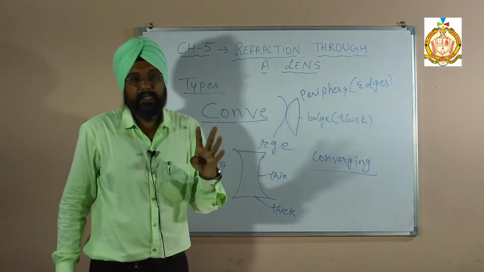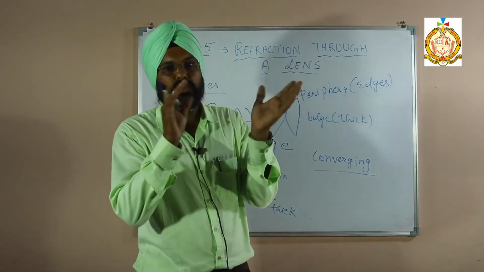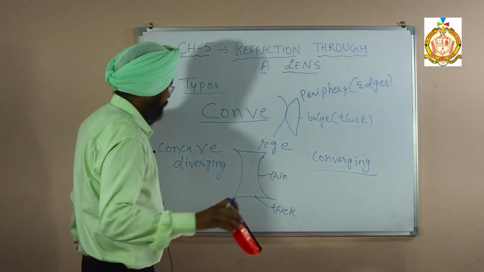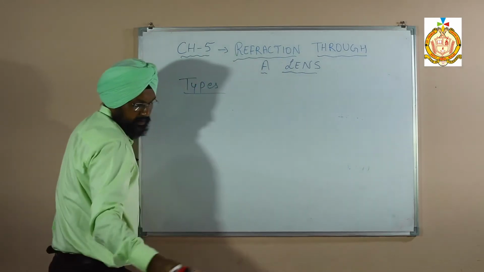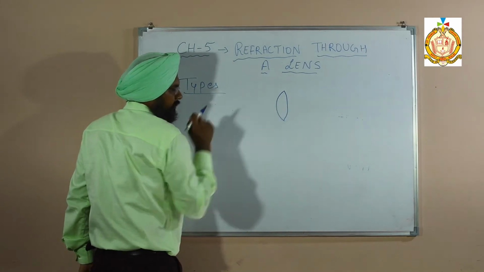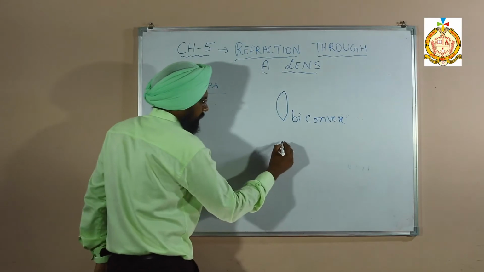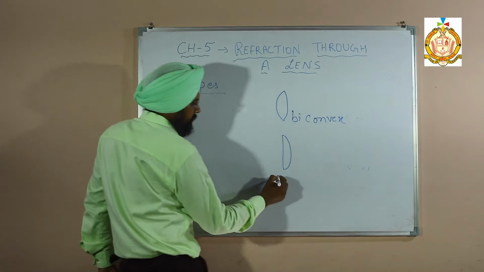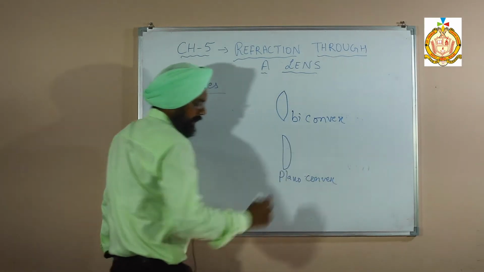Three types of convex lens are there. The first one is biconvex. Bi means both sides have a convex shape. The second one is plano-convex, where one side is plane and one side is convex in shape.